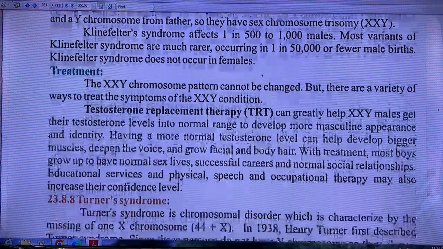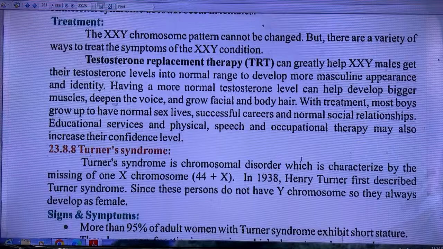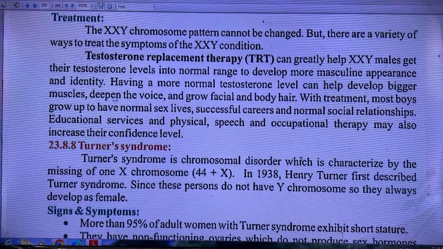Treatment. The XXY chromosome pattern cannot be changed, but there are a variety of ways to treat the symptoms of the XXY condition. Testosterone replacement therapy (TRT) can greatly help XXY males get their testosterone level into the normal range to develop a more masculine appearance and identity.